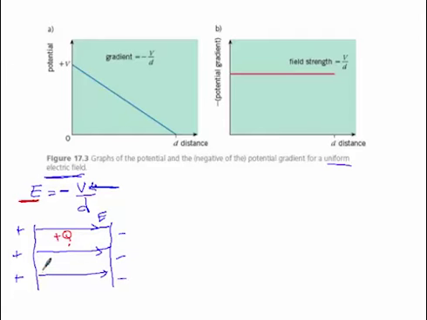Now, if this is plate A, for example, any point here is A, any point here is B. Now, the potential at A, the positive, is greater than the potential at B.